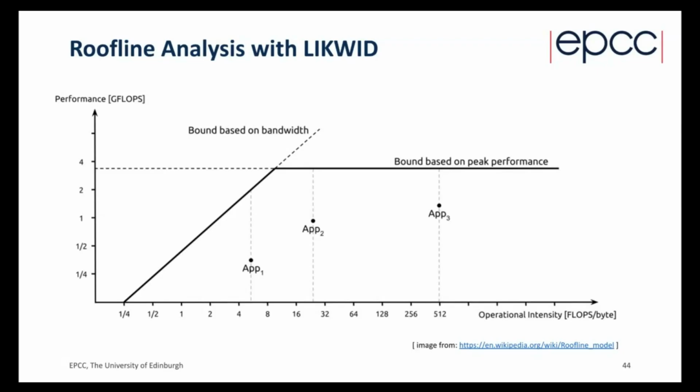And if we plotted stream triad microbenchmarks, it would sit roughly on the line further on the left, because it's a streaming kernel, and there's little we can do. So it's used to define this line.